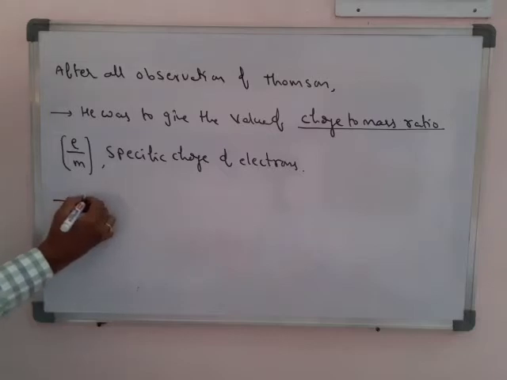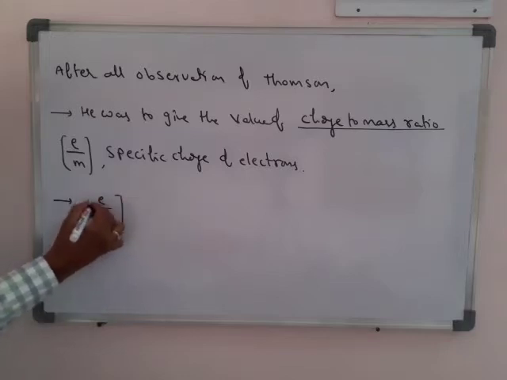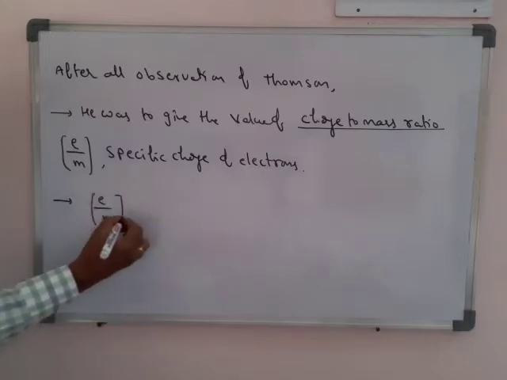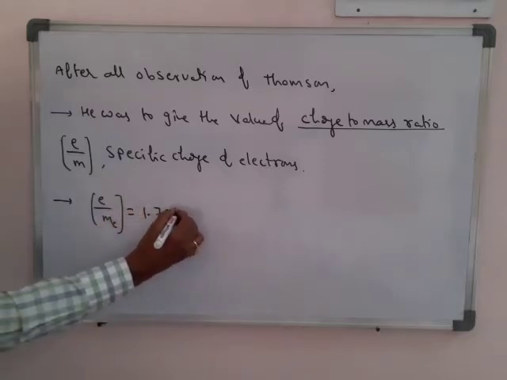What is the value of the specific charge of the electron? That is e by m_e, where m_e means the mass of the electron. So he concluded and gave the value like this.